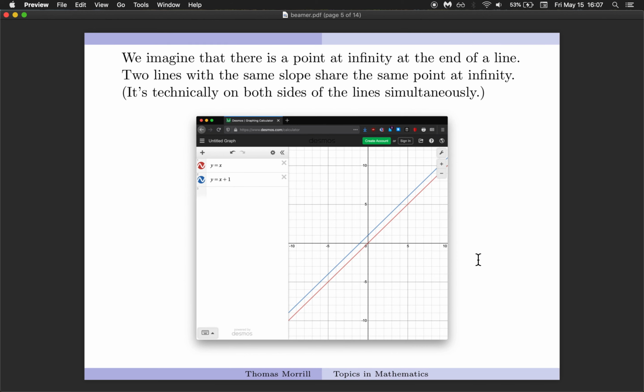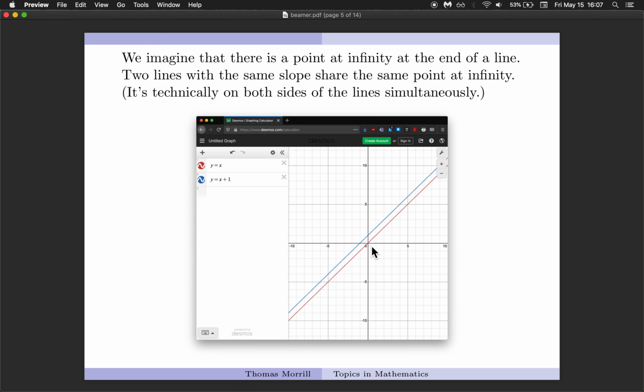Now, here we have the same graph from before. I've got my lines in blue and in red, both with slope 1. They don't meet anywhere inside the xy plane, which goes on infinitely far and in two different directions here.